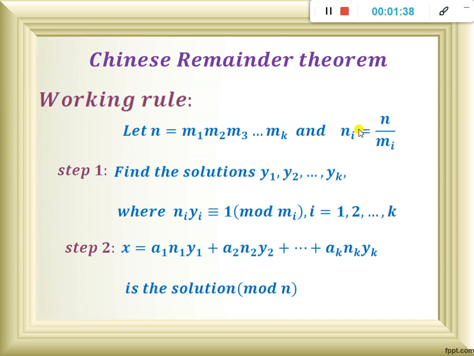Substituting i equal to 1, 2, 3, we can easily find n1, n2, n3. But we don't know how to find y1, y2 and so on yk. In such a case, I'm going to apply the trial and error method. So this is the algorithm for solving problems using the Chinese remainder theorem.